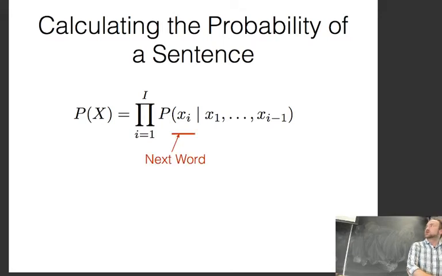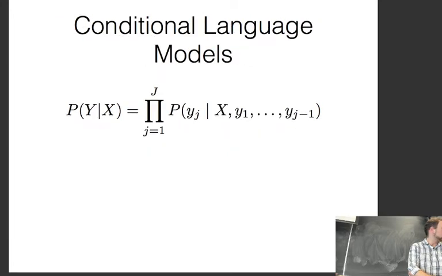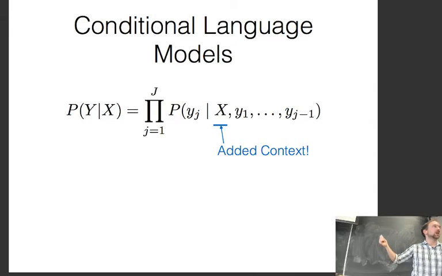And this is the next word. This is the context. We calculate the probability of the next word over the context and take the product of all of these. And the only difference in a conditional language model is now we're predicting Y, which is our output. And we add this additional context, which is basically our input specification of what we want to be generating.